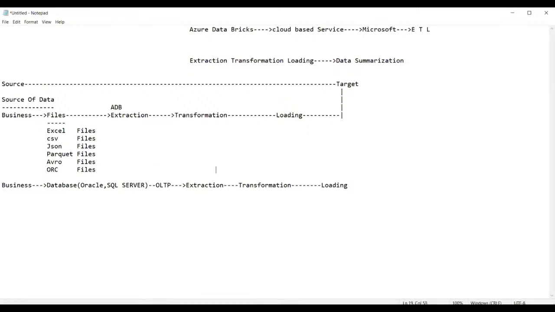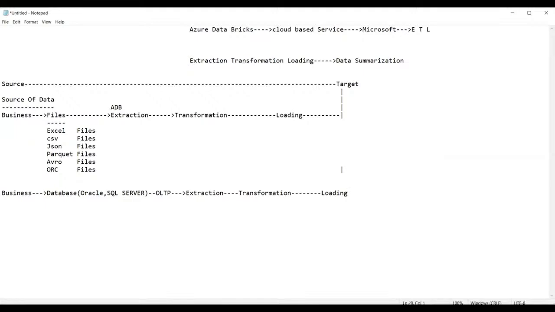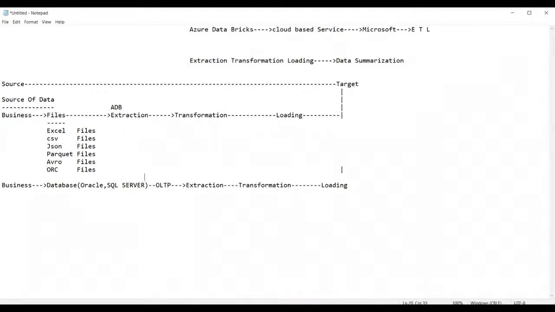That means this is the destination. This will be your destination.